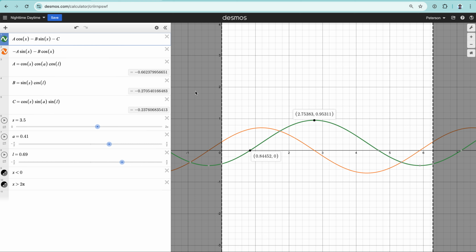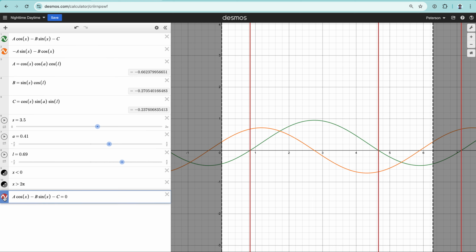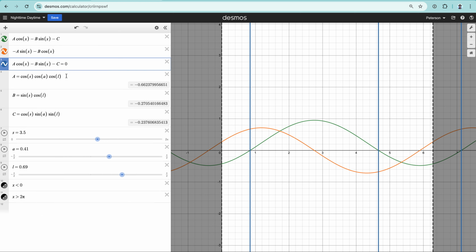So I'm going to take the function here, that's the green function, and I'm just going to make a line that sets that equal to 0 and color it blue. Desmos knows how to graph that, which is kind of nice, and it graphs it as vertical lines.